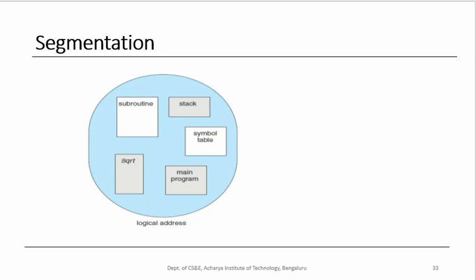Now what you are seeing in this diagram is the logical address space of a process or a program. If you take any program, it will at least have three parts: code, data, and stack.